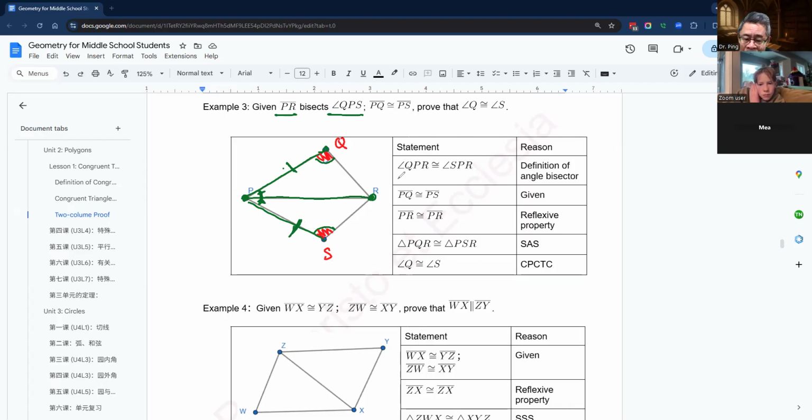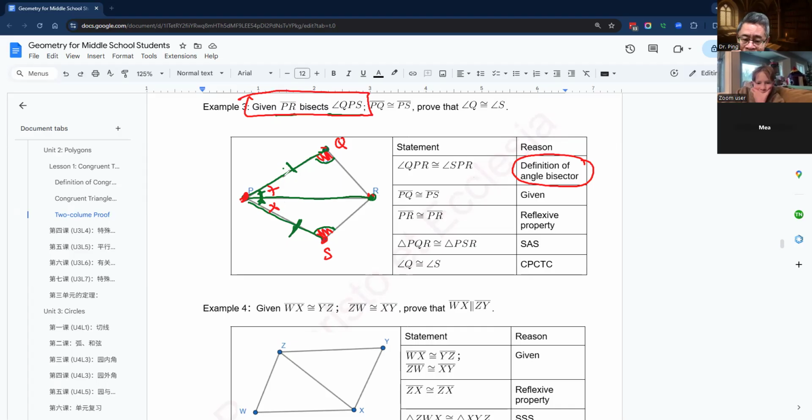So first of all, we know QPR, which is Q, P, and R, so this angle, is congruent to SPR, S here, P here, R here. We're talking about this angle. So these two angles are congruent. Well, that is basically the definition of angle bisector. That's given, the bisecting. Okay.